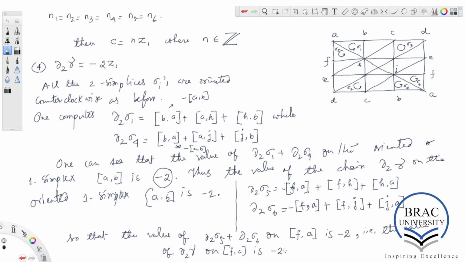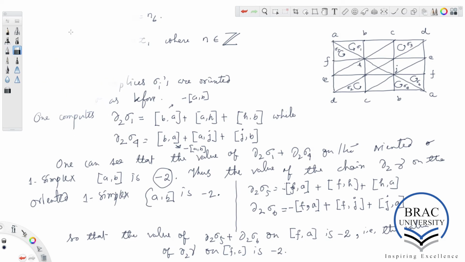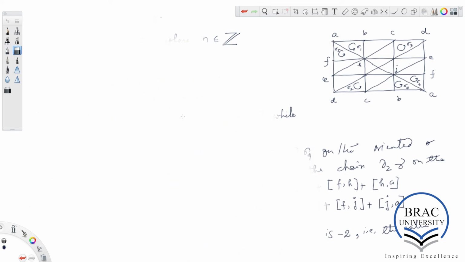Right? Okay, so let me erase this part. I need some room. Now one can verify that the value of the one chain del 2 gamma vanishes on each of the oriented one simplices which don't belong to this boundary.